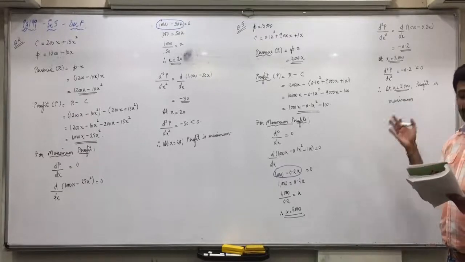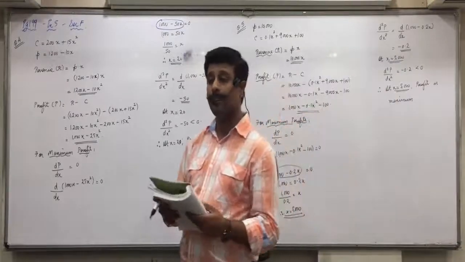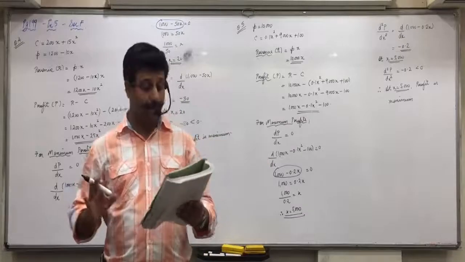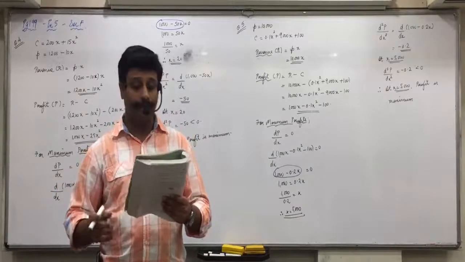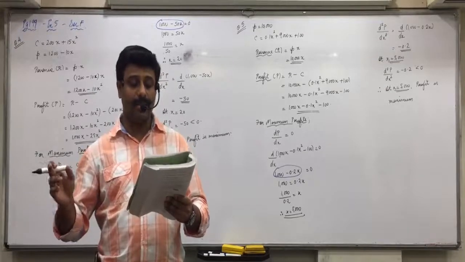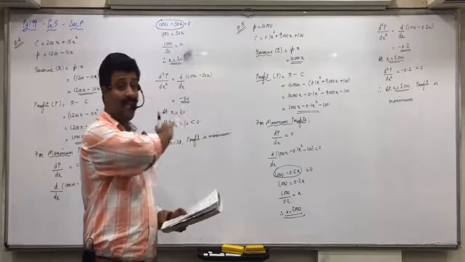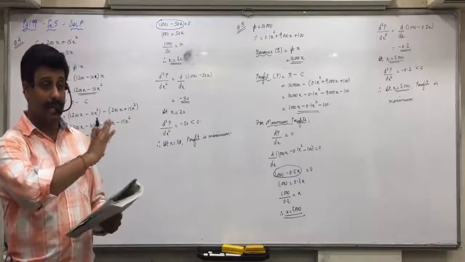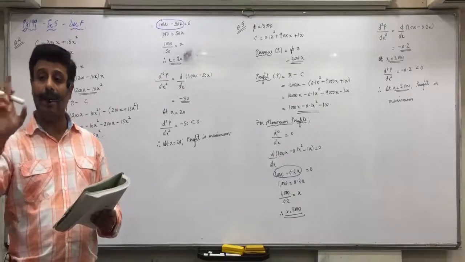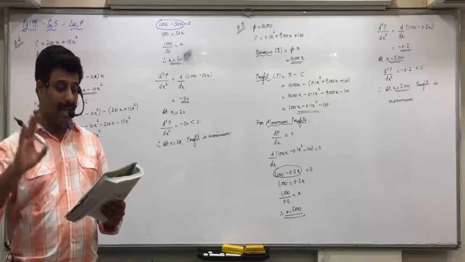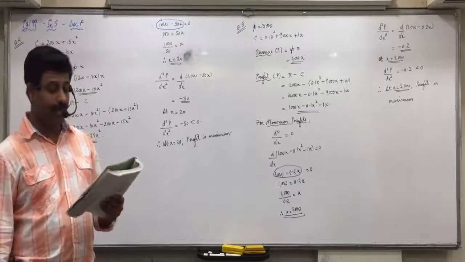I am solving section E's question 11, where profit is also asked. Look at it. The profit function of a producer is directly given. Like in these 2 questions we found the profit as R minus C, but in question 11 the profit function is directly given: 40x plus 10,000 minus 0.1x square.